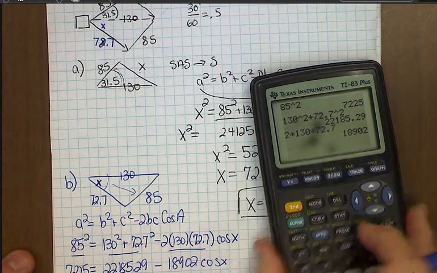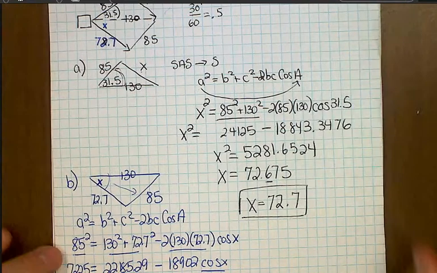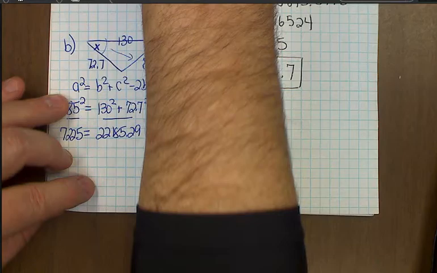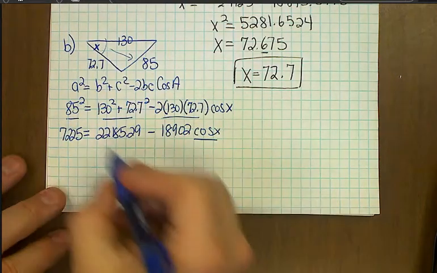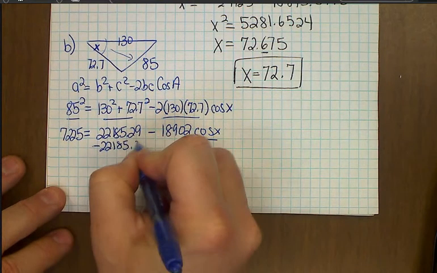The key here to this problem is let's get cosine x by itself. So algebraically, how do we do that? Alright, first thing I'm going to do is subtract this 22,185.29 from both sides.